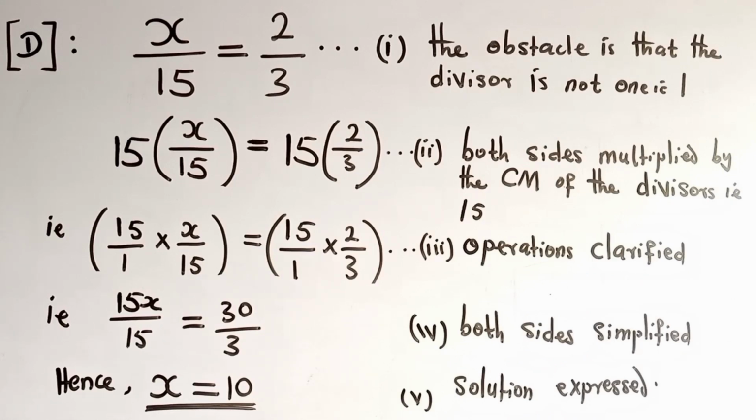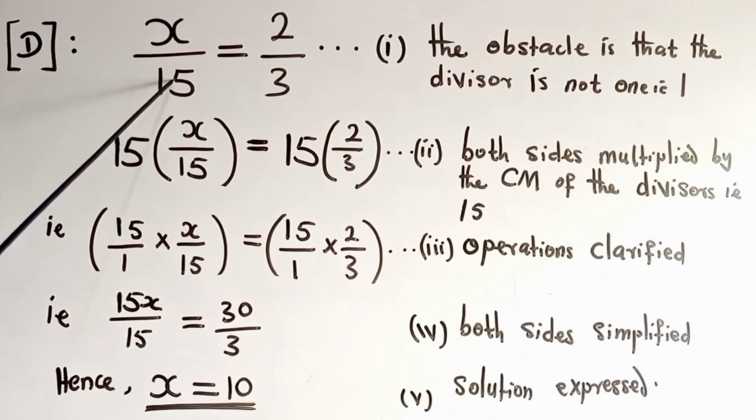Now look at this. X over 15 is equal to 2 over 3. What is the obstacle here? The obstacle is that the divisor is not 1. Look at the divisor. To this x, 15 is the divisor. It is 1 that is supposed to be here to make this x possess all the qualities it should possess. It has the other qualities it should have, except that the divisor is not 1.